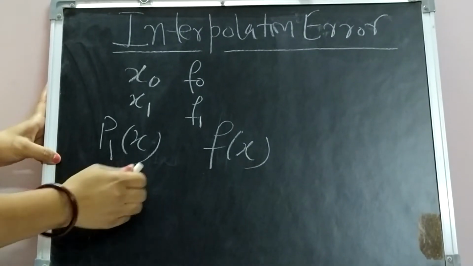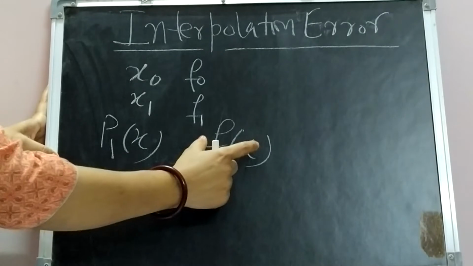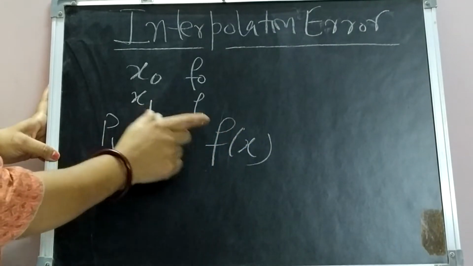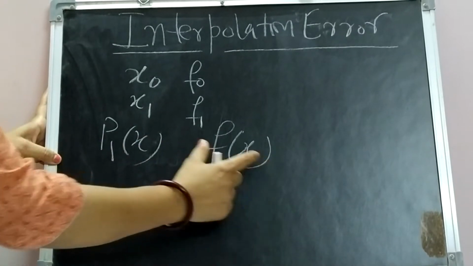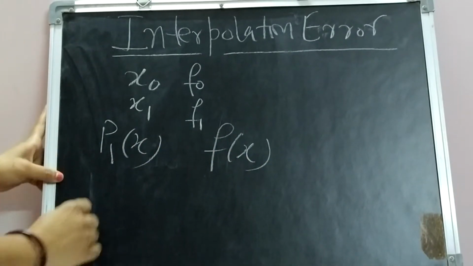This means that we have to find out how much this linear polynomial deviates from the original function. So how can we identify it?